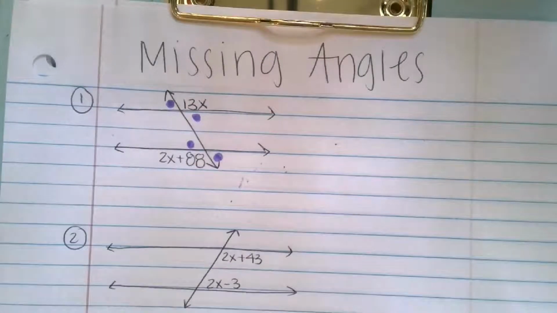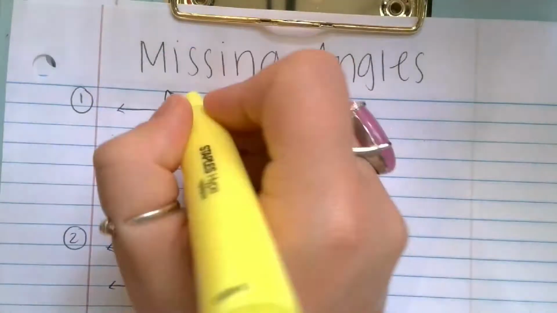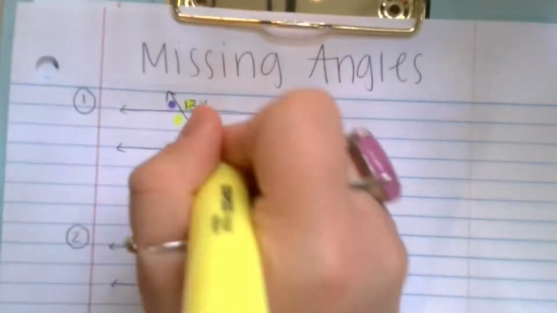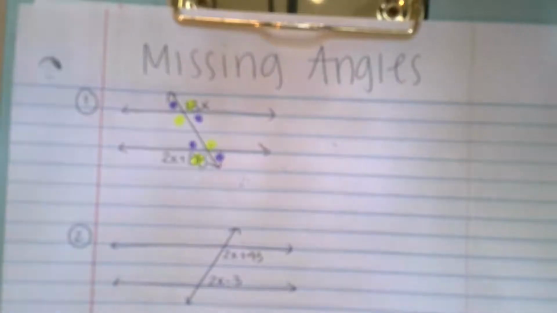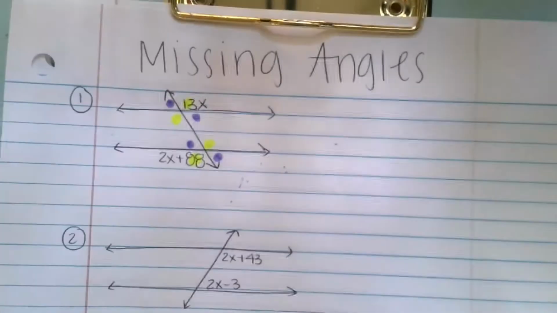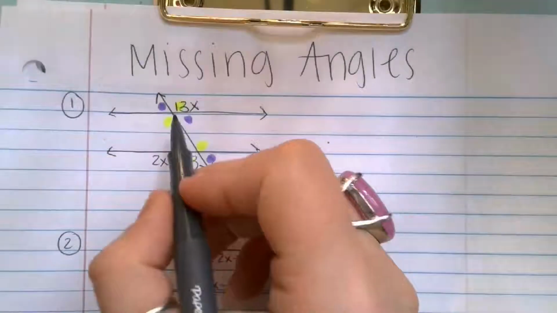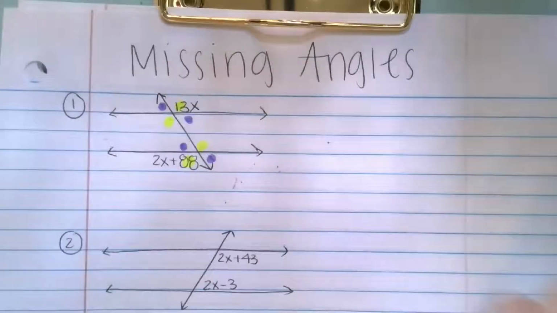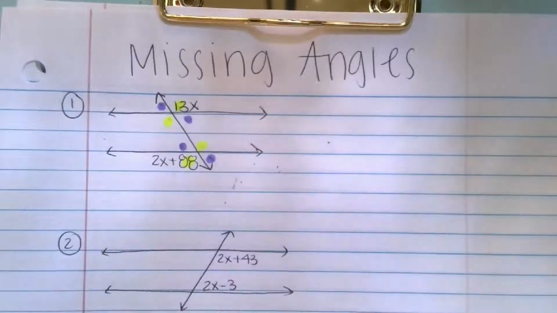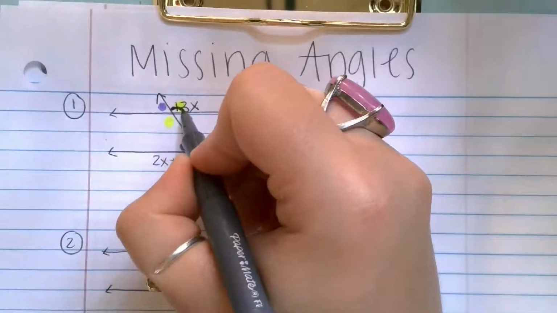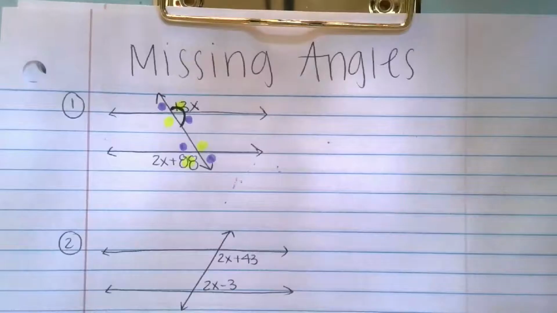And so we know any angle that has the little purple dot is going to be congruent with each other, and any angle that has the yellow dot is congruent with each other. And the special relationship between the two is that the yellow plus the purple angle form a straight line, so that means they equal 180 degrees.